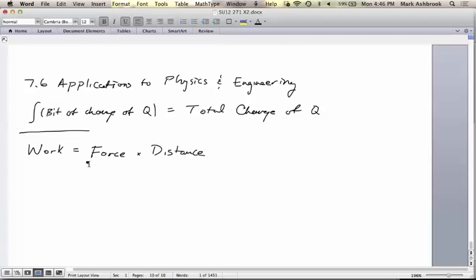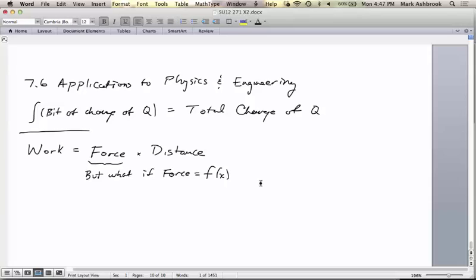But what if the force changes as you go? So what if force, say, is a function of x? As you start doing work, the force is continually changing. How are we going to handle it? How are we going to get the total amount of work?